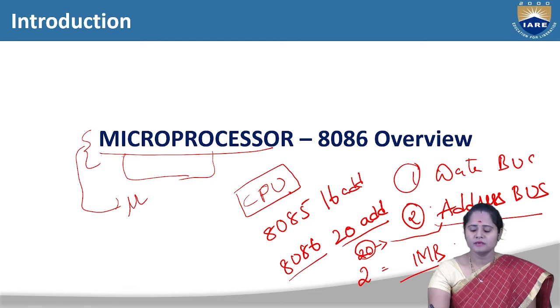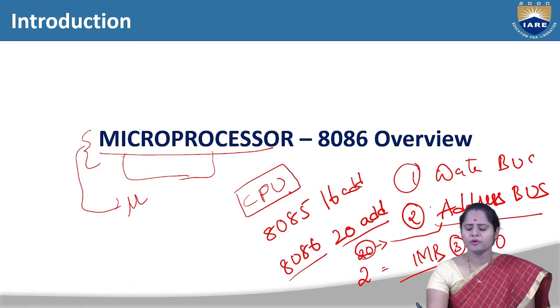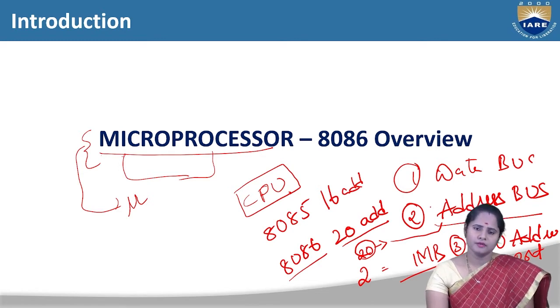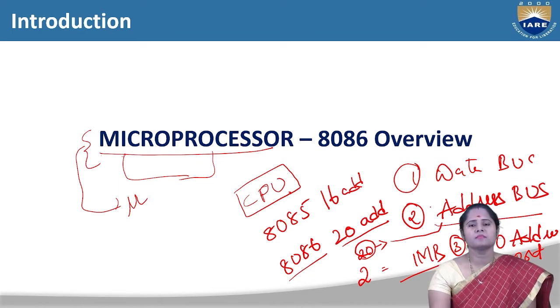The next one is input and output addressing. As I said, a microprocessor is a controlling unit, and it can communicate with the external devices connected to it. IO addressing is input output addressing: depending upon how many ports a microprocessor has, you can access that many external devices.